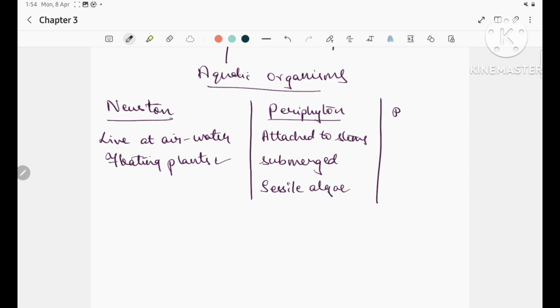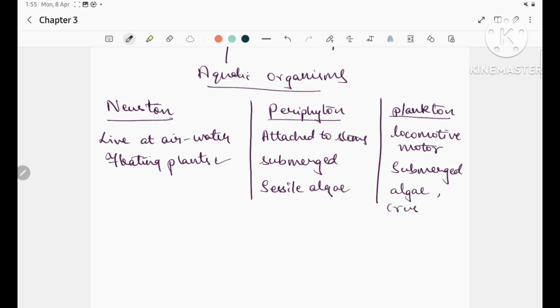The third type is plankton. It has locomotive power and they also live in submerged water. Examples: algae and crustaceans.